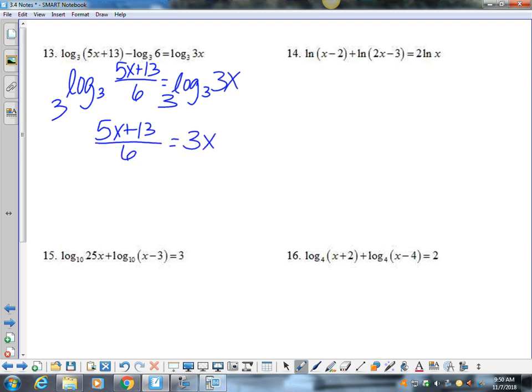Okay. From here out, guys, it is math 1. It is algebra. So just be real careful. Sharpen up these skills a little bit. That would be 18.